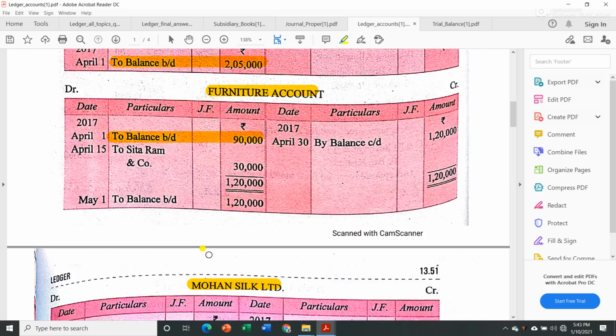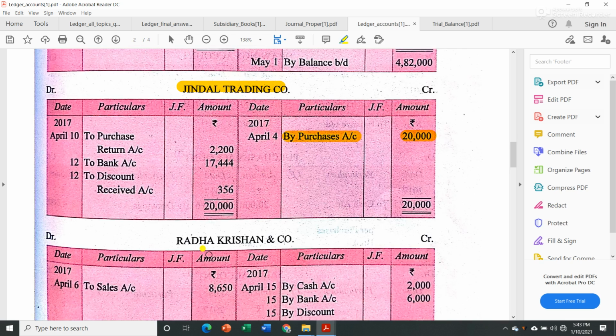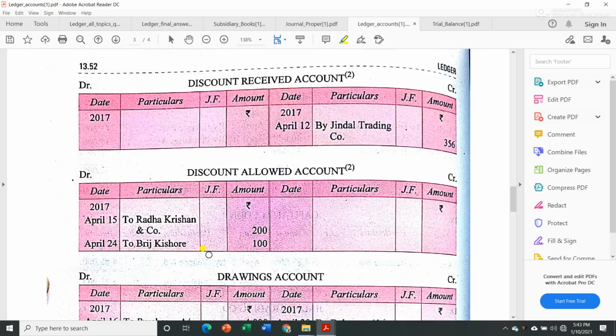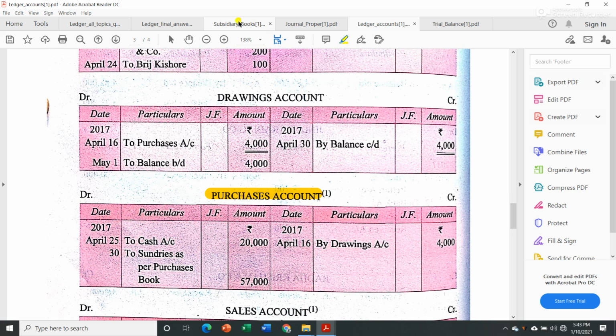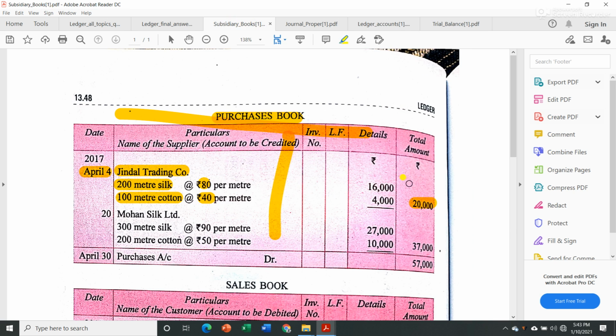Do we have a purchases account made earlier? Nope. So here, purchases account. Now in the purchases account, see, the amount is appearing on the credit side, so what we will do is write it on the debit side.